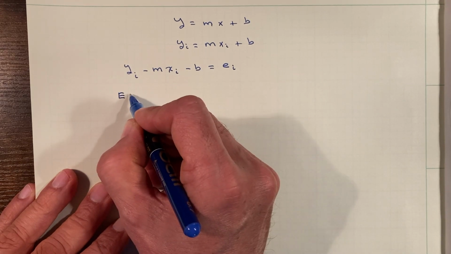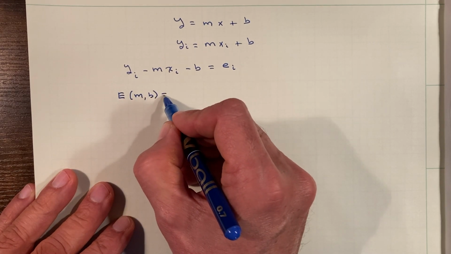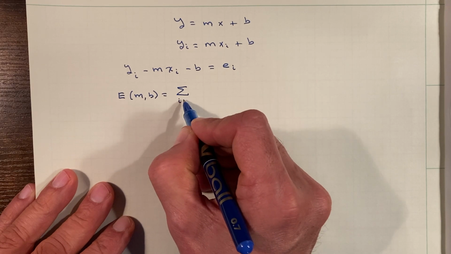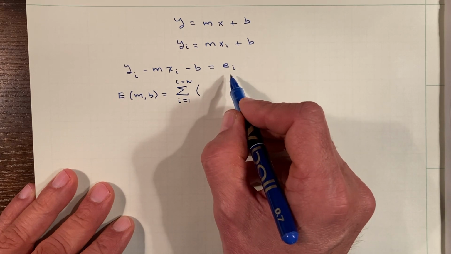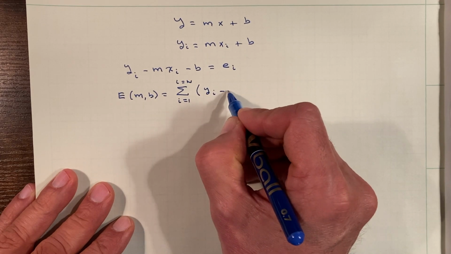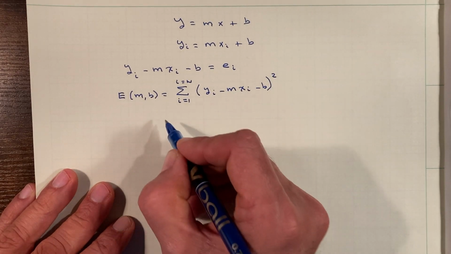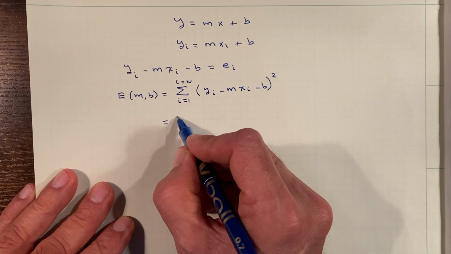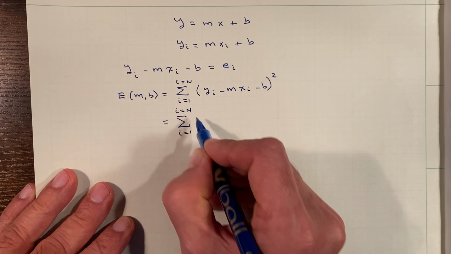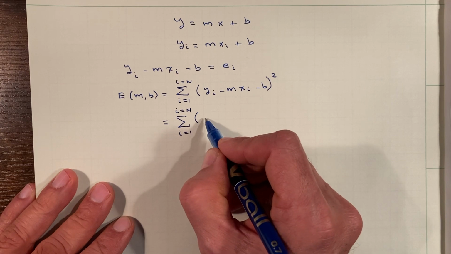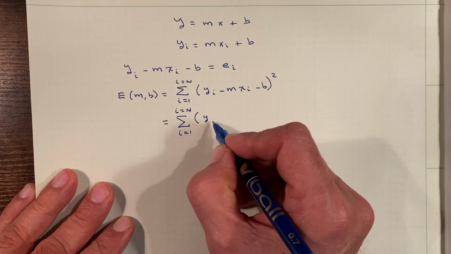And we define this function of m and b as the following. This is equal to the sum i equals 1 to i equals n of this quantity squared. So that would be y sub i minus m x sub i minus b, quantity squared. When we write out this term, with i equals 1 to n, again, n is our total number of samples, we end up with these quantities squared plus some additional cross terms.